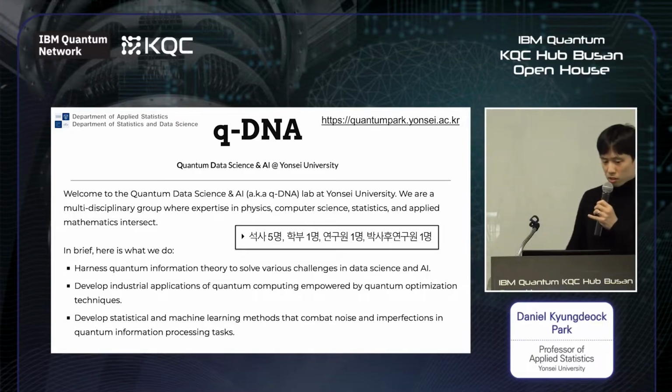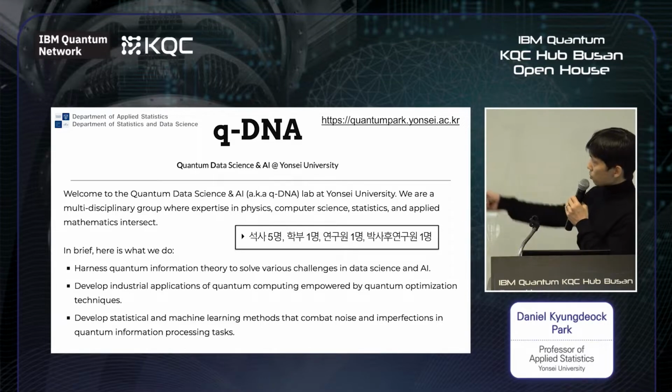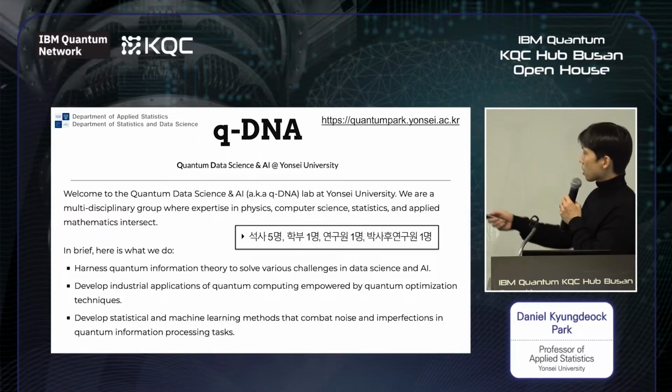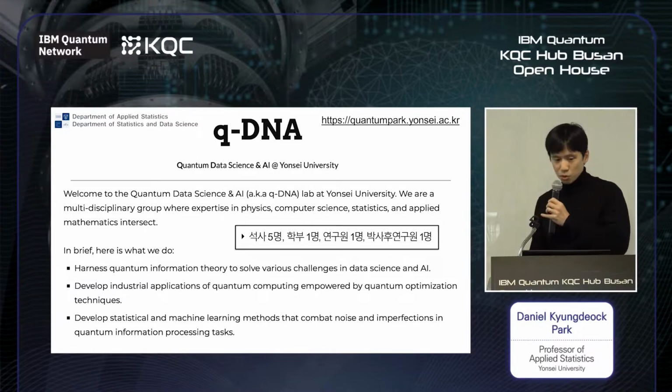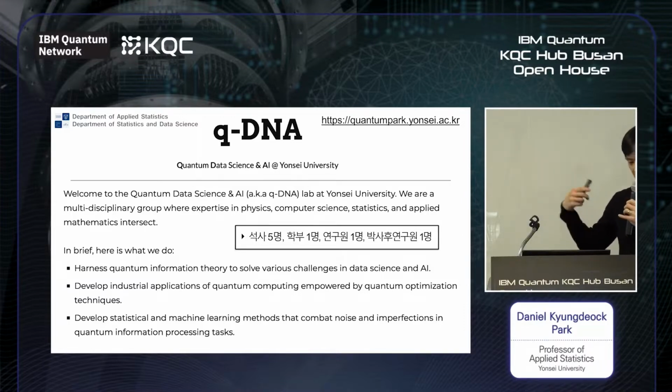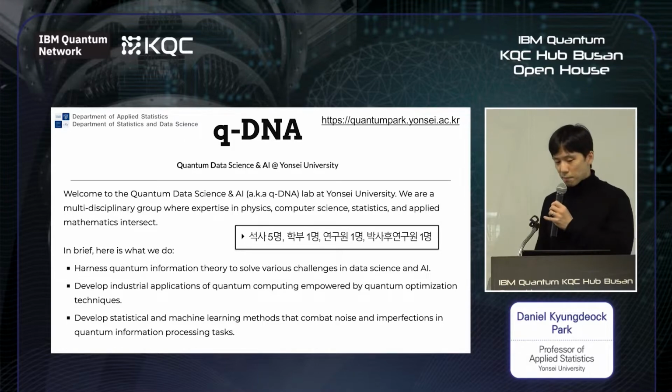Just to quickly tell you what we do. As the name of our research group indicates, we try to harness quantum information theory to solve various challenges in data science and AI, and we are hoping to develop some industrial applications of quantum computing in the near future.